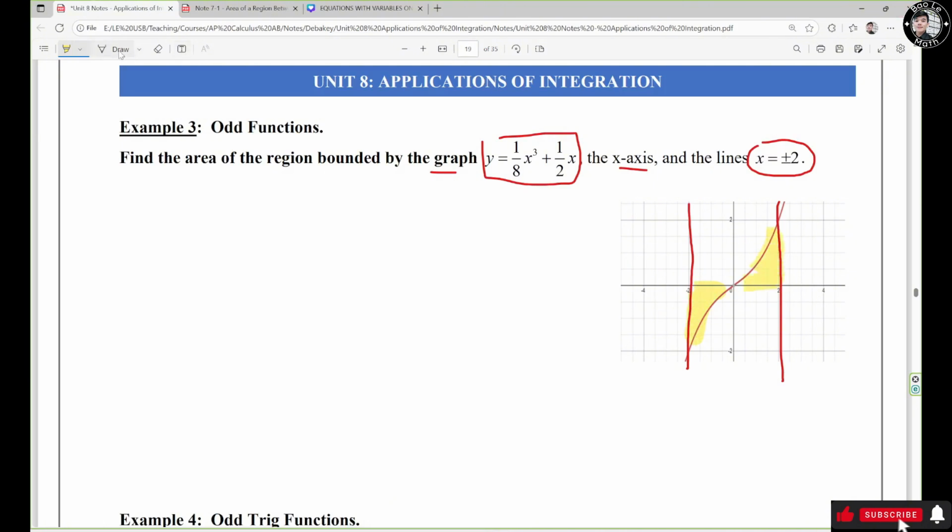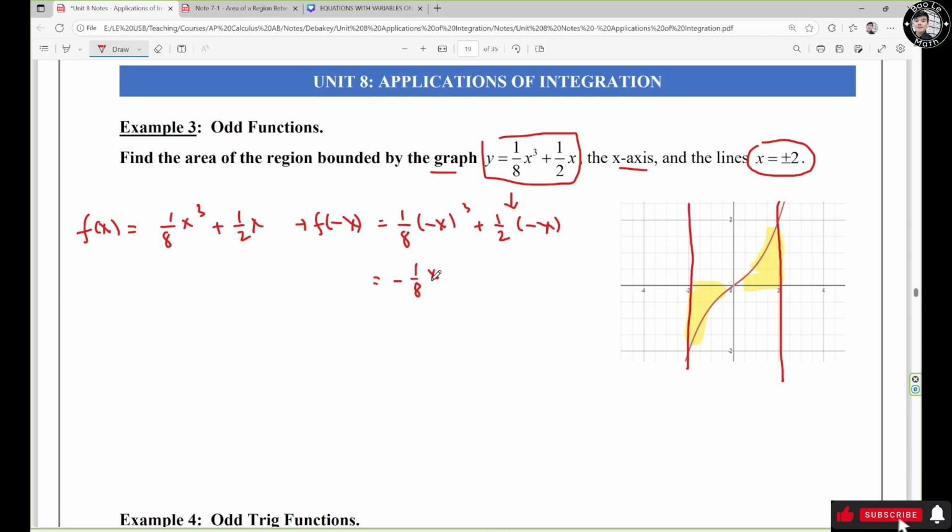Now we're going to check this one to see if it evens out. So I have f of s equals 1/8 s cubed plus 1/2 s. Then I have f of negative s. It's going to be 1/8 times negative s cubed plus 1/2 times negative s. Then this turns out to be negative 1/8 s cubed minus 1/2 s.